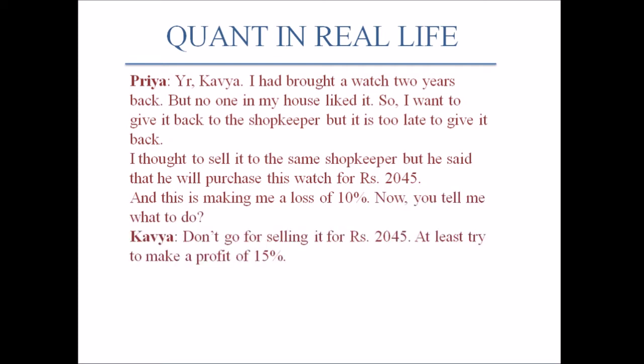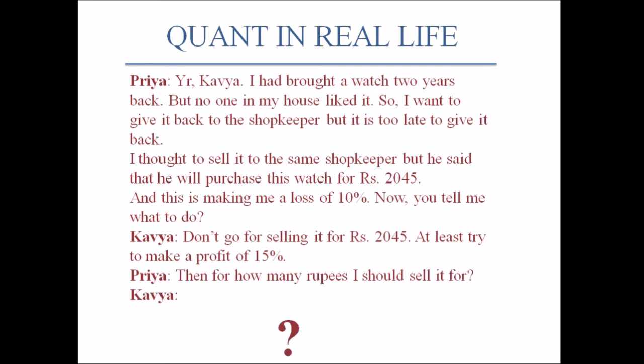Kavya says, don't go for selling it for rupees 2045. At least try to make a profit of 15%. Priya says, then for how many rupees should I sell it? Kavya is taking a few minutes to find the solution.